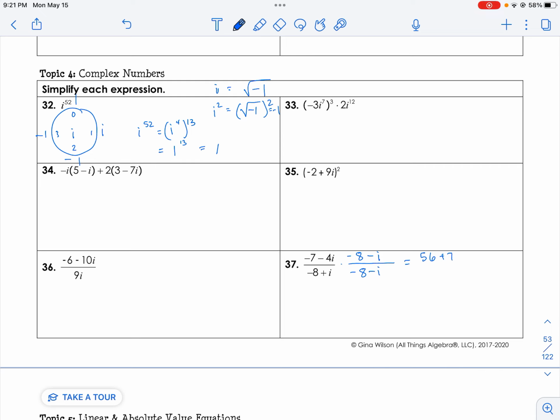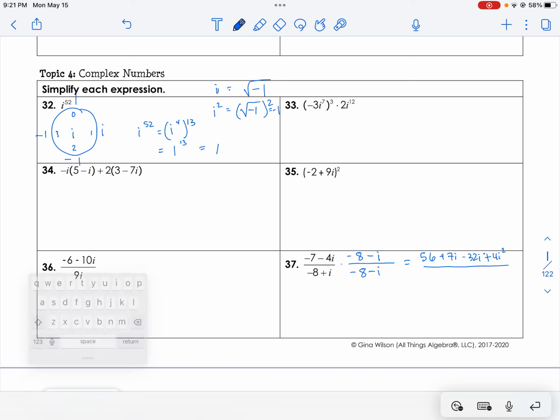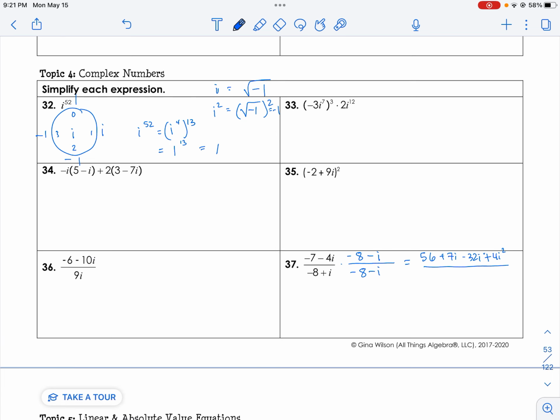So I'm looking at 56 plus 7i minus 32i, and I'm just going to stay with plus 4i squared for now. We'll simplify that in the next step. If I do the same thing on the bottom, what I'm looking at is 64. The 8i's will cancel, minus 8i plus 8i. And then i times negative i is negative i squared.